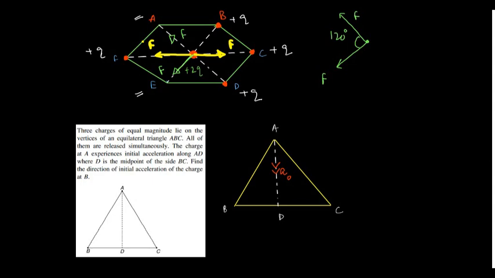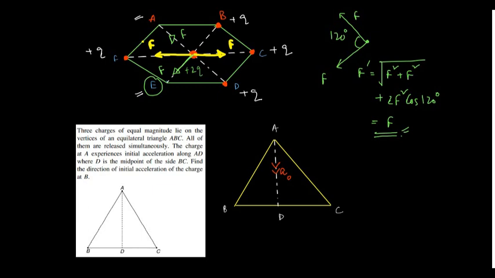So F prime, or F new, will be equal to root of F square plus F square plus 2F square cos 120 degrees, right? Cos 120 is minus half, so simply it turns out to be F only. So even when you displace the charge at position E to the center, the new force will still continue to be F only, right?